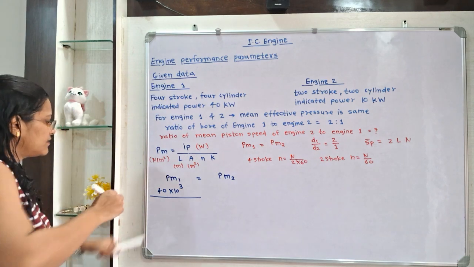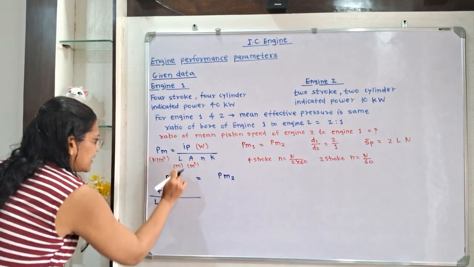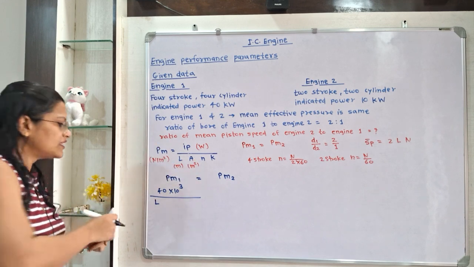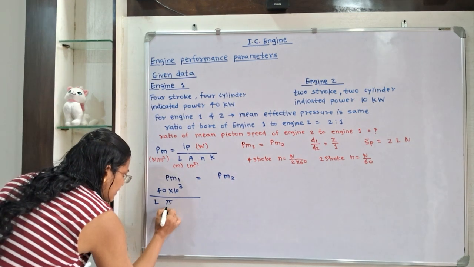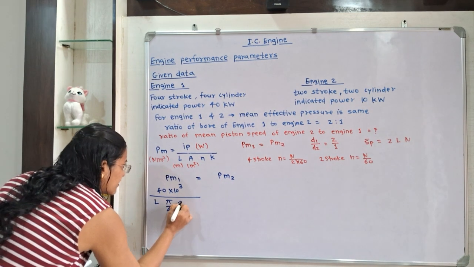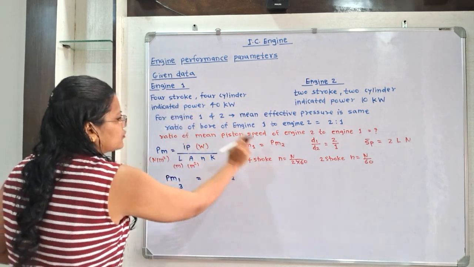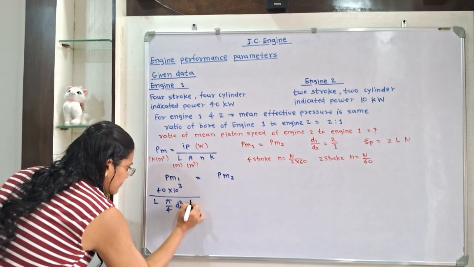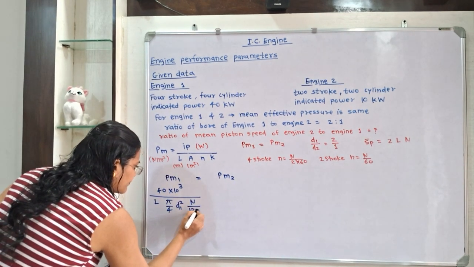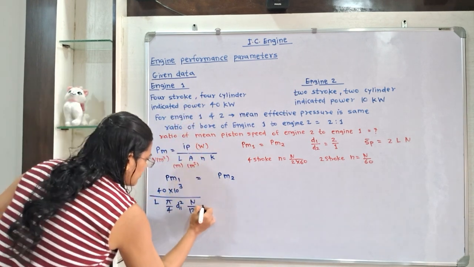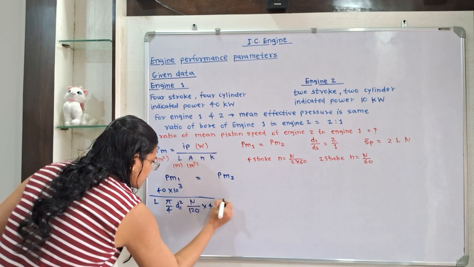Then A: the area for engine 1 is A1, that is pi by 4 D1 square. Then N by 120 for the 4-stroke engine, multiplied by K. K is 4 because the number of cylinders given is 4.